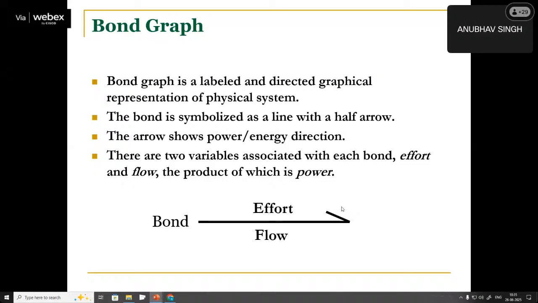Finally, what is the use of modeling? We need to have some simulation, for which we need mathematical equations. So the final goal is to obtain mathematical equations, right? So if you assign some direction, let's say, and your calculation comes out opposite to it, then you can infer from it that the power flow is actually in the opposite direction. Are you getting my point?